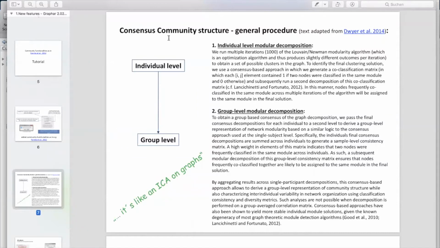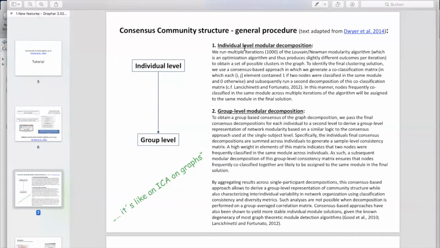On the individual level, we run multiple iterations of community detection algorithms, so you can choose either to apply the Louvain or the Newman modularity algorithm. And as you know from the previous presentation of mine about the introduction into graph network theory, those algorithms have a stochastic nature, so those are optimization algorithms.